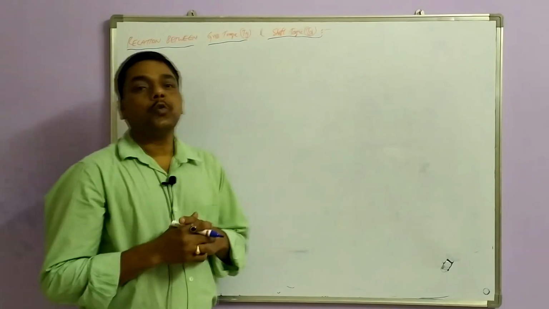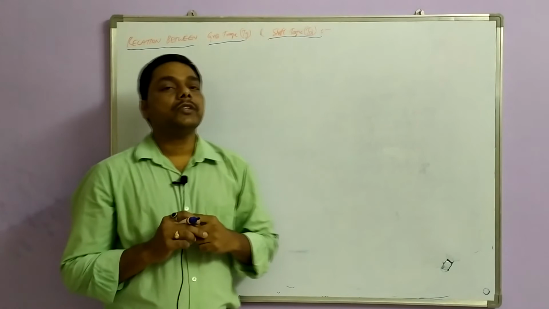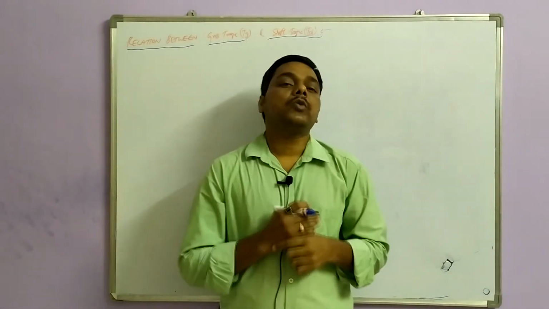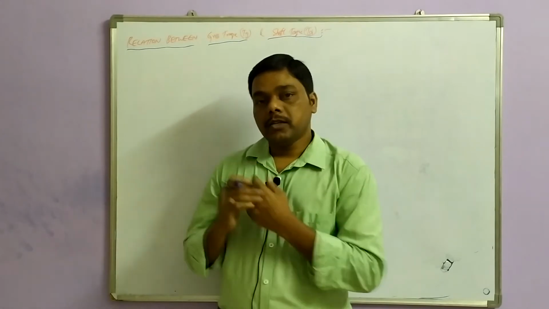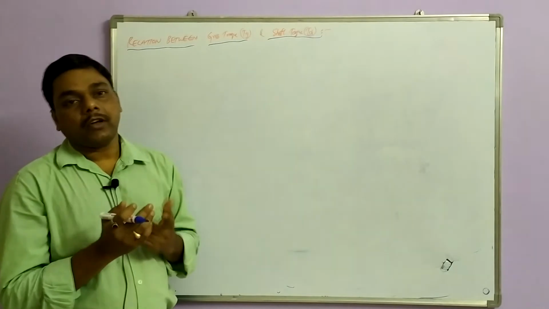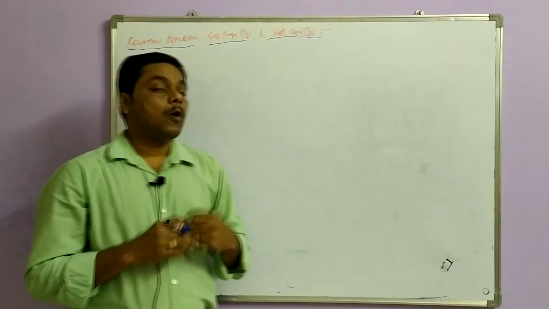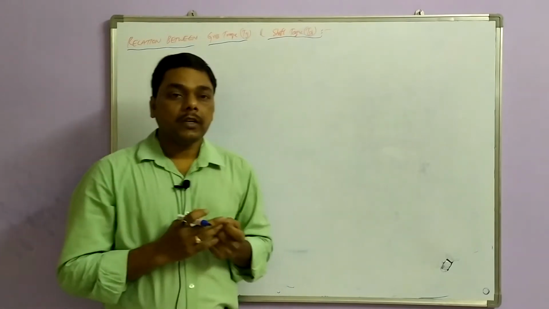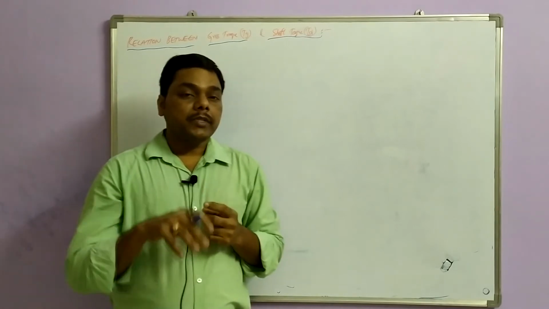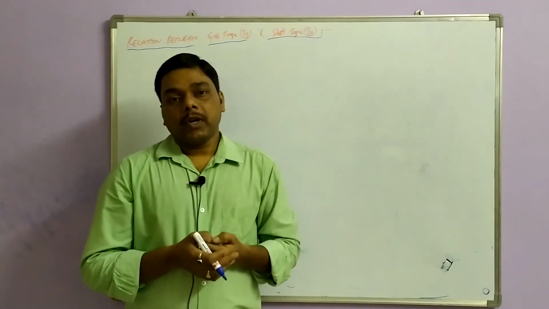Now there are two torques in armature. One is gross torque and another one is shaft torque. So shaft torque will give what is the actual output torque at the shaft, and the gross torque is nothing but the armature torque. We can also call it as an armature torque, and shaft torque is related to the output power, while the gross torque is related to armature power developed, equivalent to mechanical power developed.